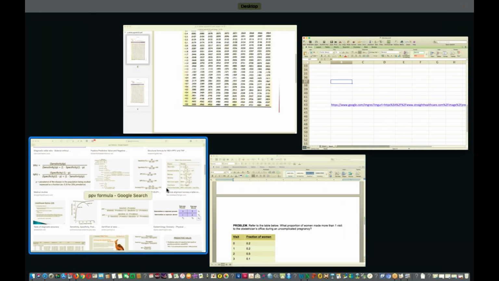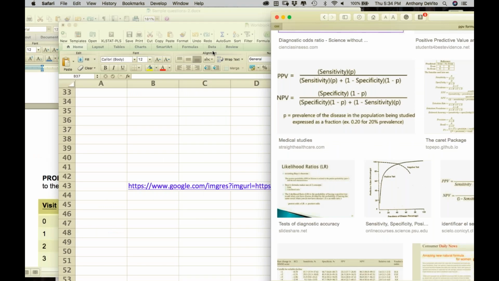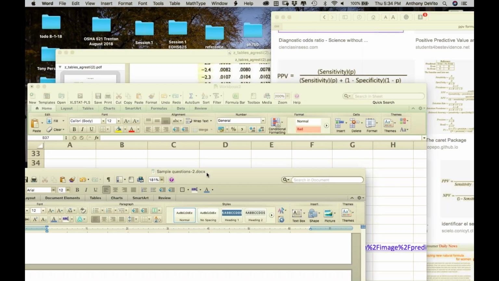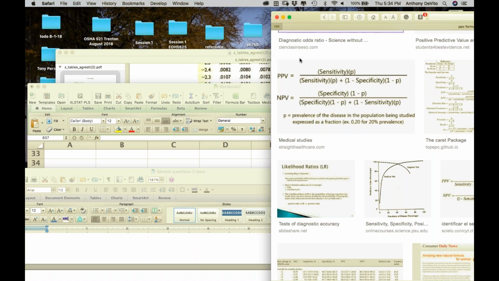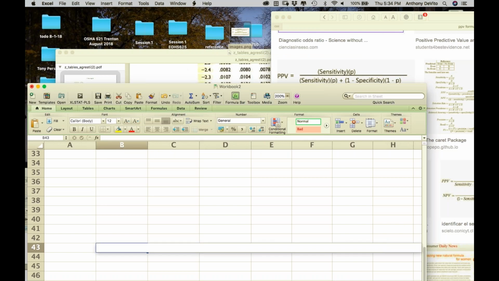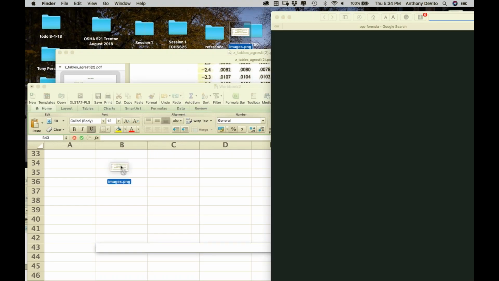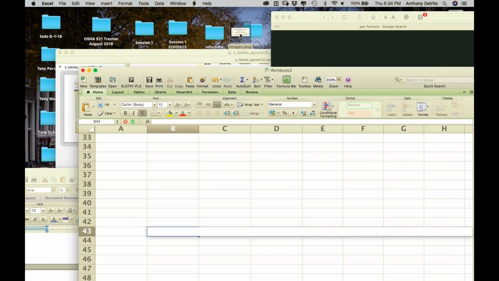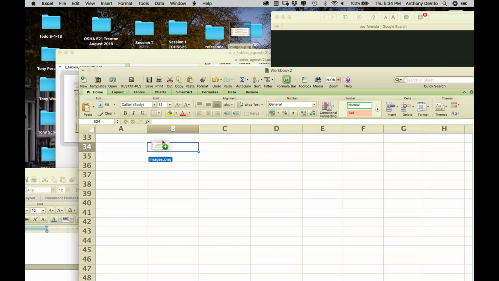There it is. Okay, now I think I can drag it in here. I want it in the background here so we can read it. Why is that not cooperating? There we go. Here it is.